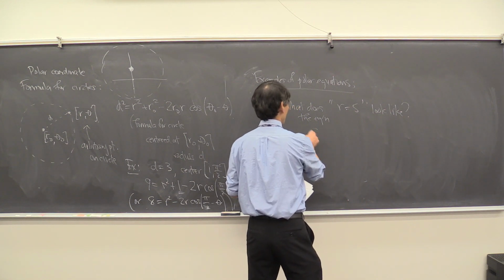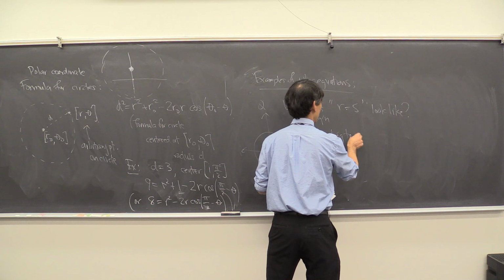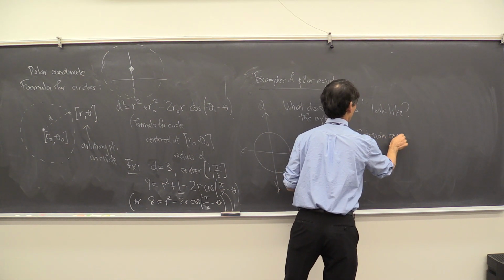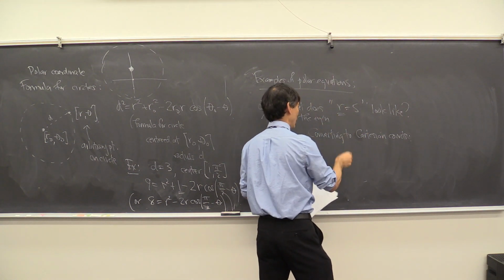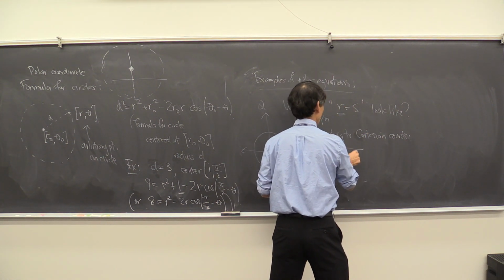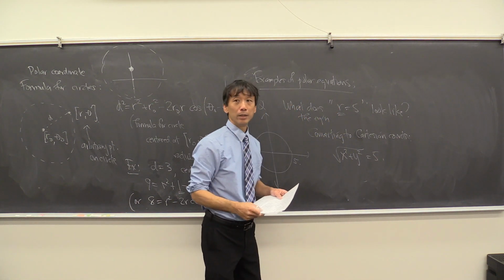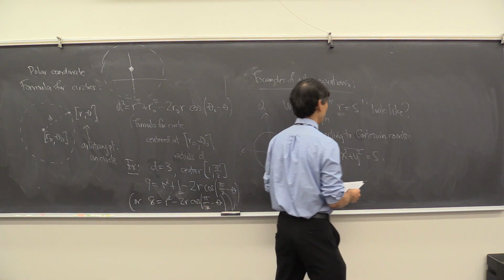You could convert. So converting to Cartesian coordinates, what you could do is say, okay, r, remember, is the square root of x squared plus y squared. Right? So this says the square root of x squared plus y squared equals 5.